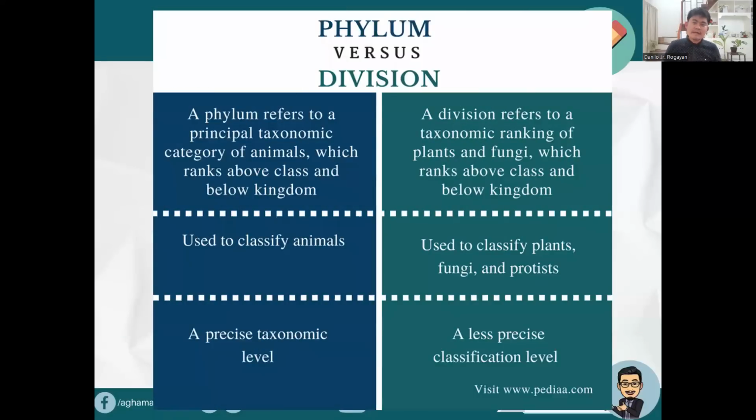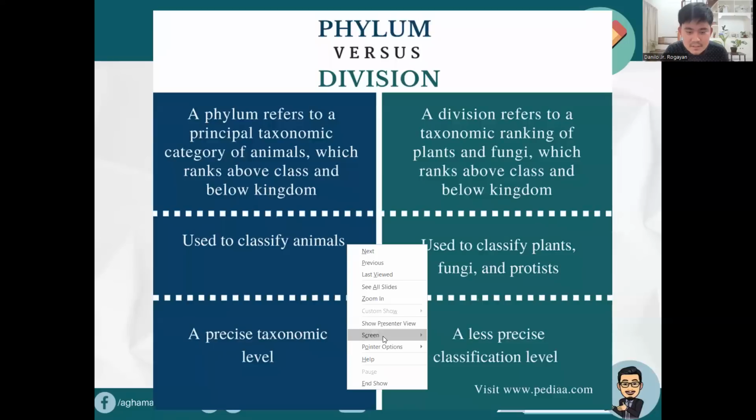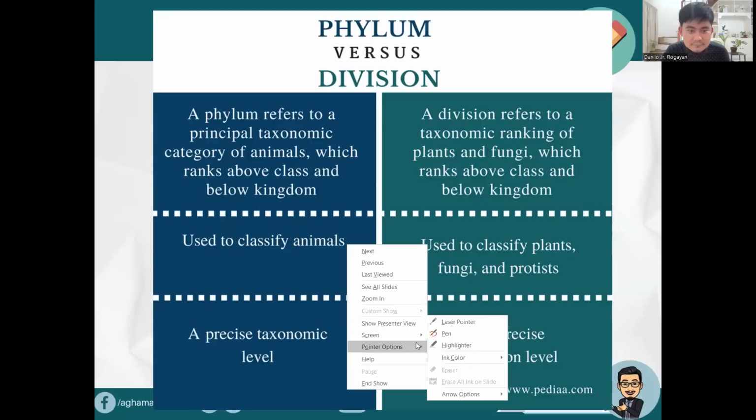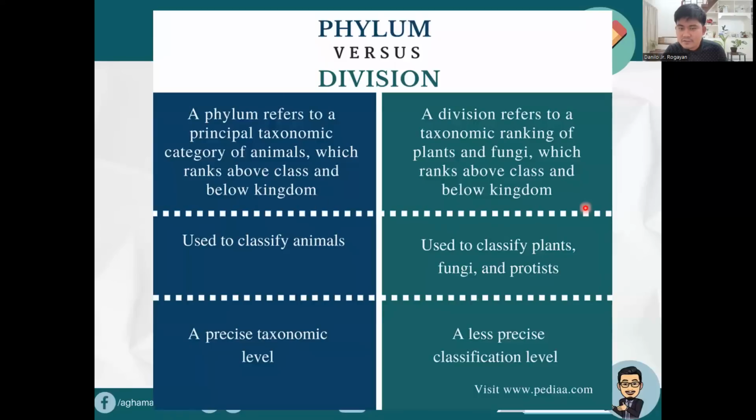Okay, so alam nyo na to, phylum refers to principal taxonomic category of animals which ranks above class and below kingdom, while a division is a taxonomic ranking for plants and fungi, which ranks above class and below kingdom as well. So we use division usually for plants and fungi.